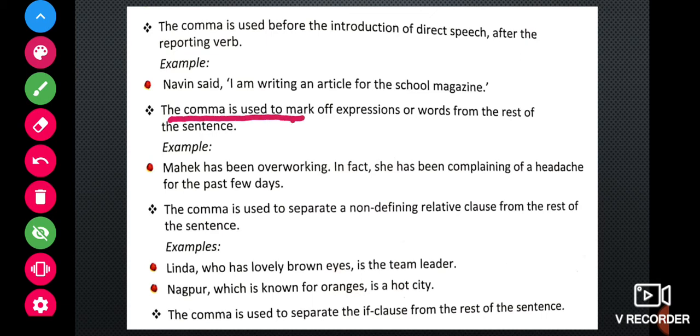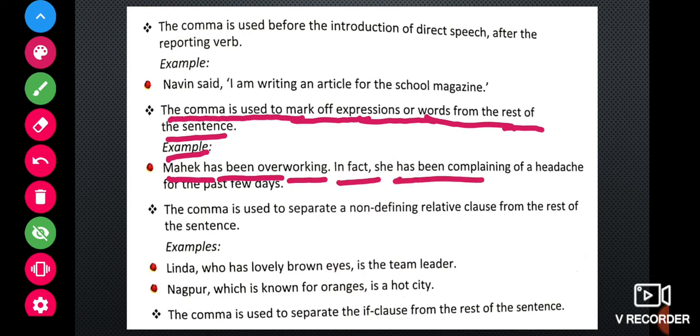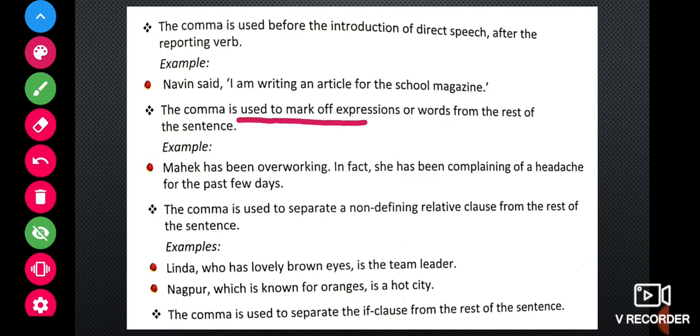The comma is used to mark off expressions or words from the rest of the sentence. For example, Mehak has been overworking. In fact, she has been complaining of a headache for the past few days. So here a comma is used to mark off expressions or words. So here "in fact" is an expression.